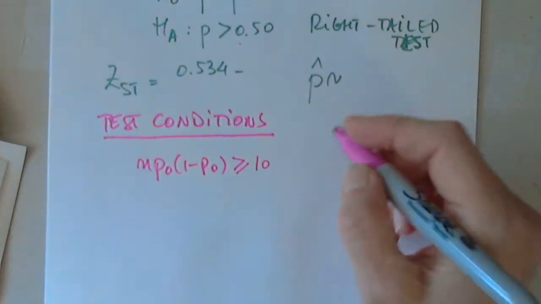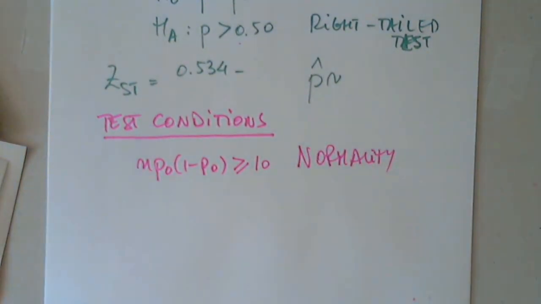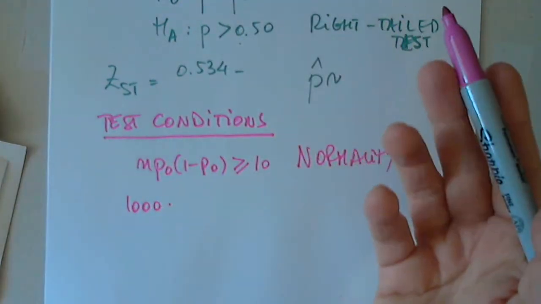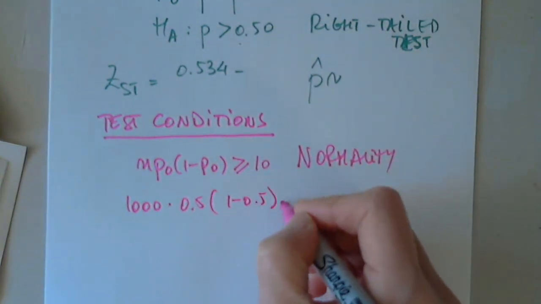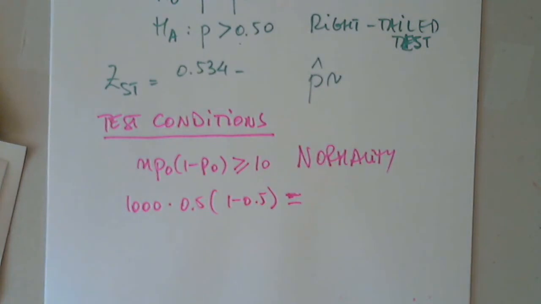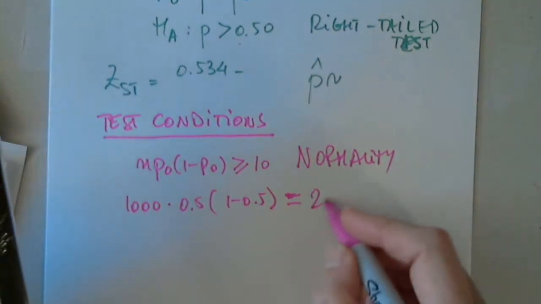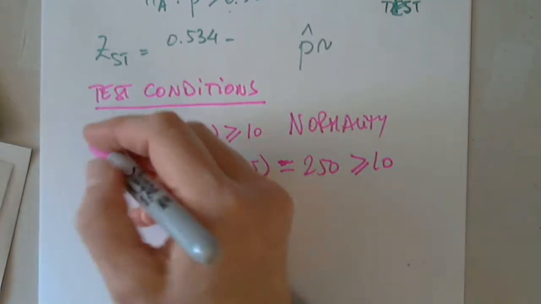This is the condition for normality, which we always have to do. n, 1,000, multiplied by p0, 0.5, multiplied by 1 minus 0.5. So 1,000 multiplied by 0.5, multiplied by 0.5. I got 250, definitely enough. So this is the first condition.